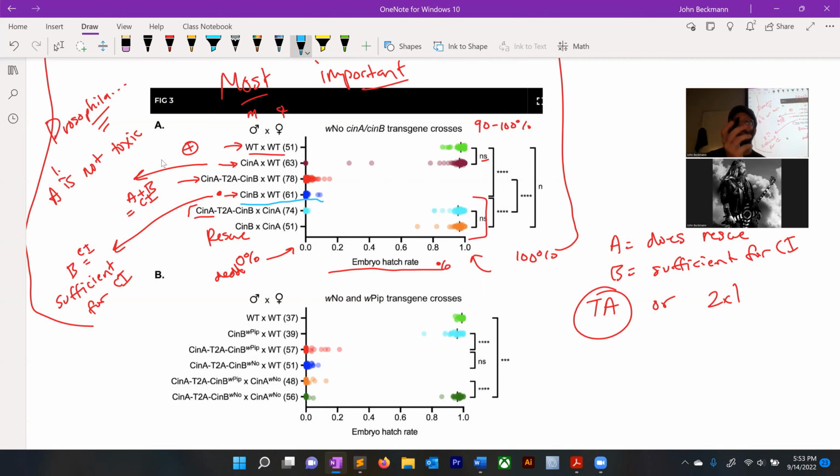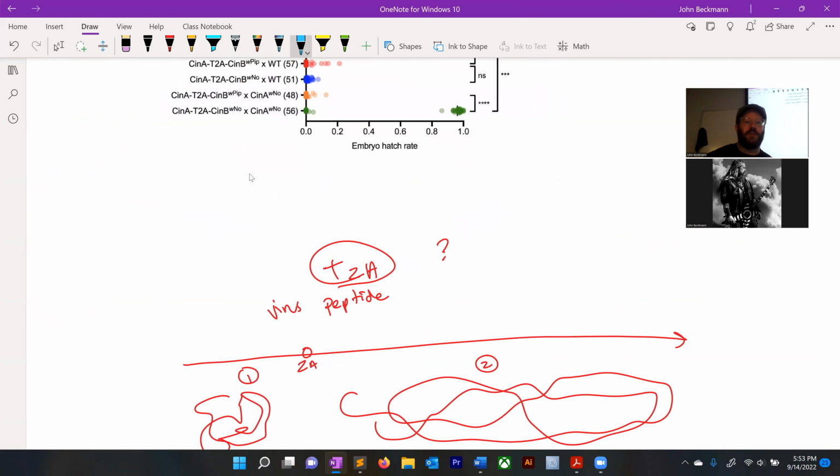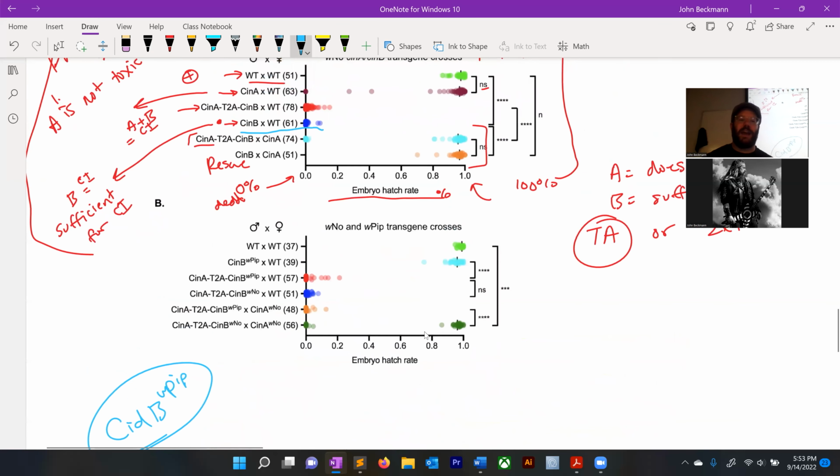Dylan, I might be remembering wrong, but didn't you say in the last lecture you tried to get a SIN B line and you couldn't do it? I tried to get SID B W pip alone in a fruit fly, and it would just straight up kill them. They were able to get a SIN B, a different gene from wNo, in Drosophila alone.